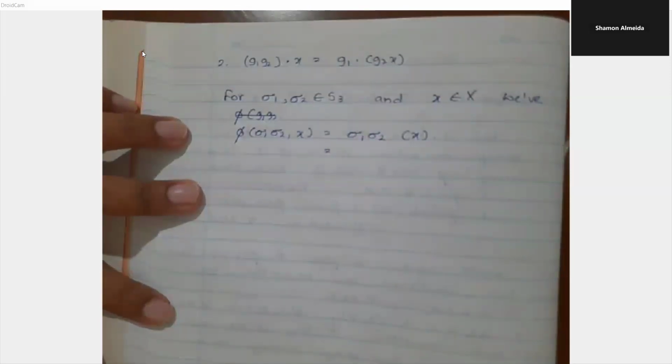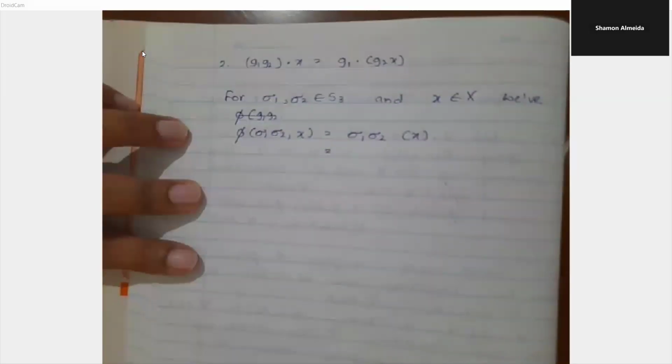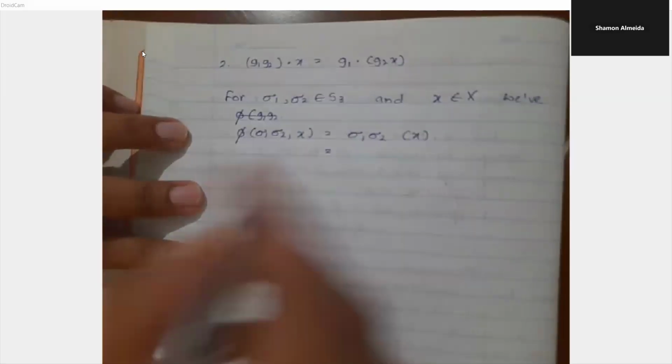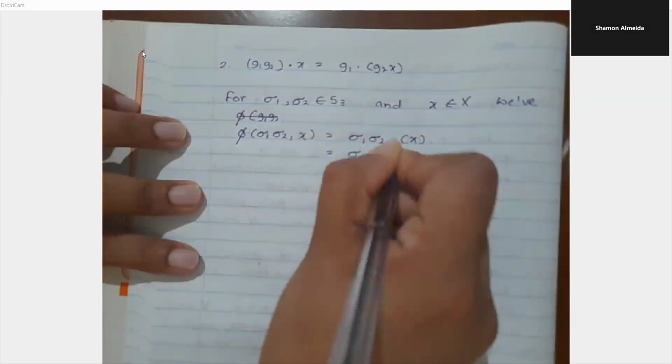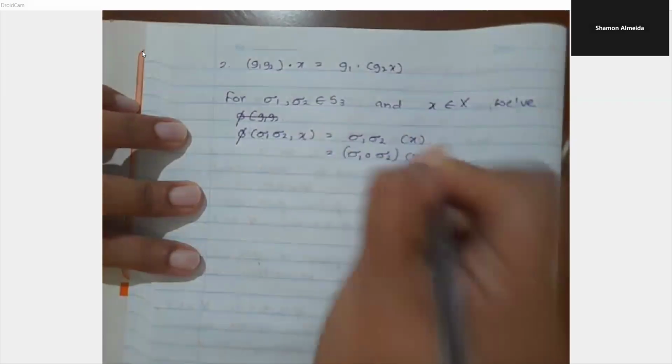Even though we are using the word permutations, we know them to be functions. So in S3, the binary operation is function composition. So what you see over here is simply sigma 1 composite sigma 2 of x.